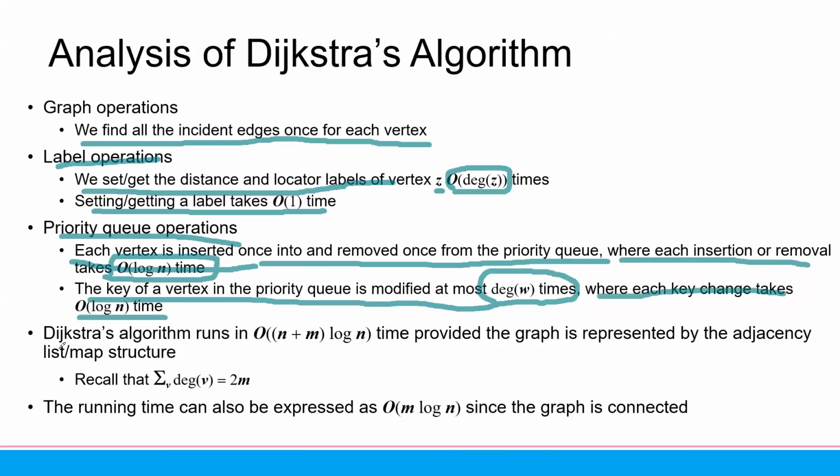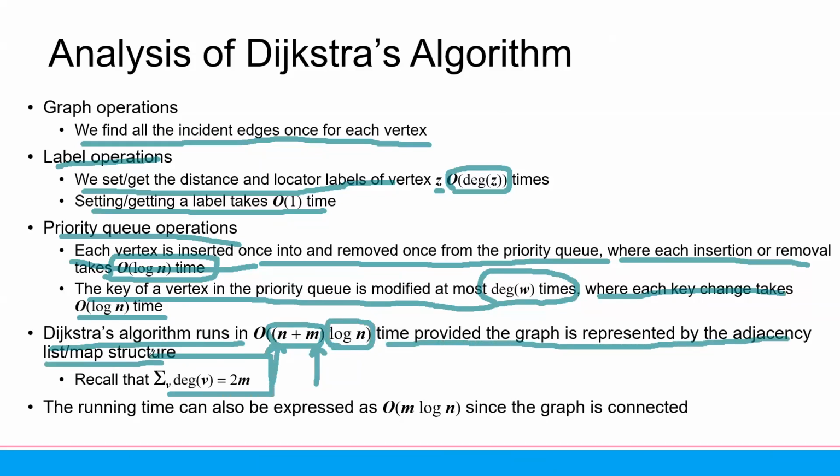So the total, the Dijkstra algorithm will run in O((n plus m) log n). n means the number of vertices, m is the number of edges, and this holds provided the graph is represented by an adjacency list or map structure.